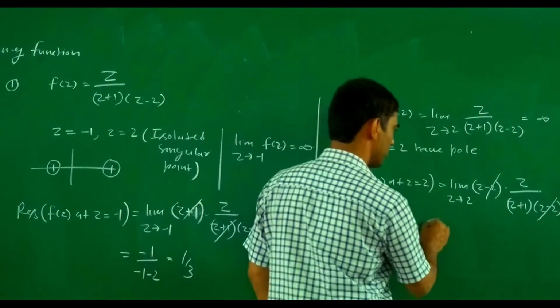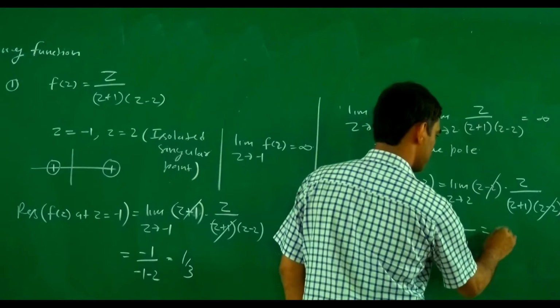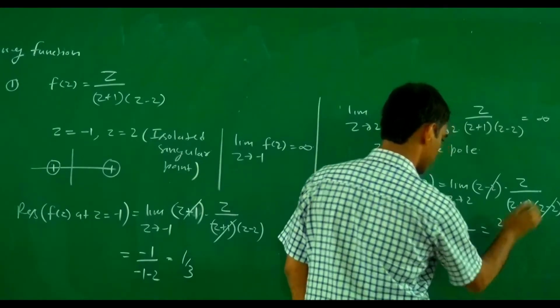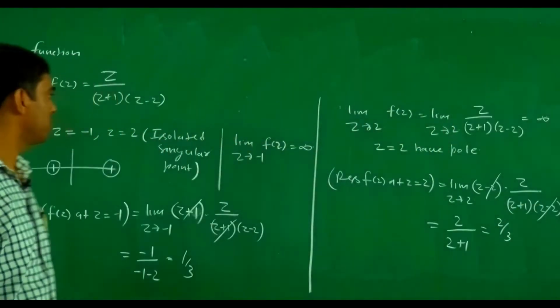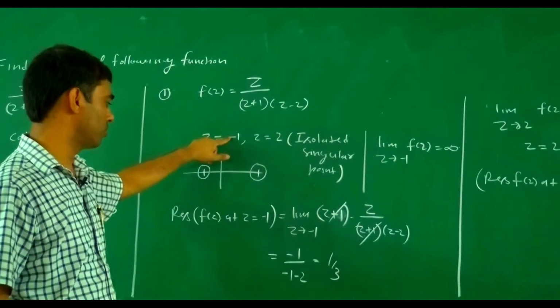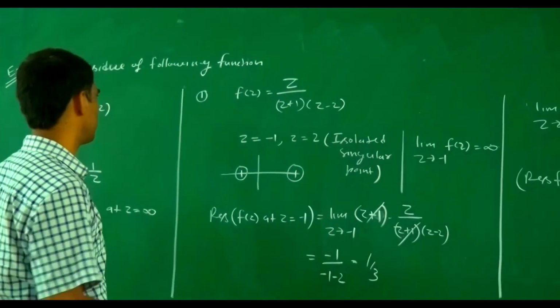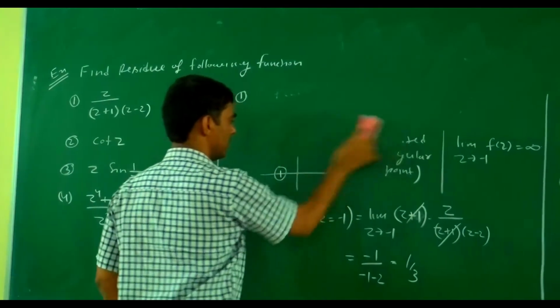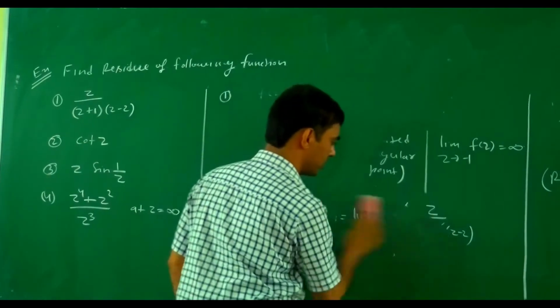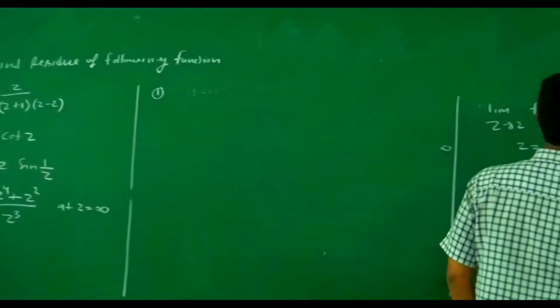Then the residue becomes 2 divided by 2 plus 1, which is 2 by 3. So the residue of this function at z equal 2 is 2 by 3, and at z equal minus 1 it is 1 by 3, where f(z) is z upon (z plus 1)(z minus 2).